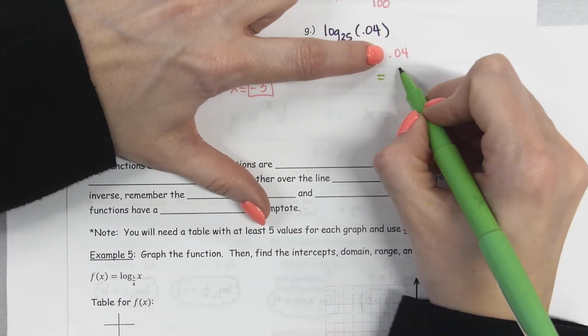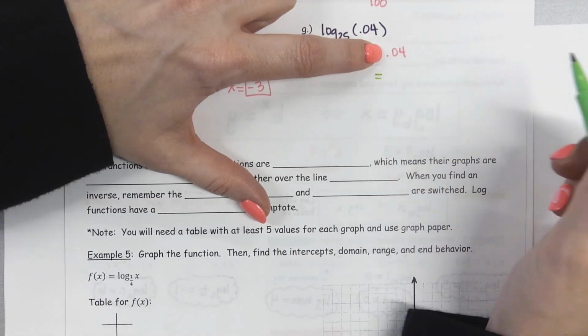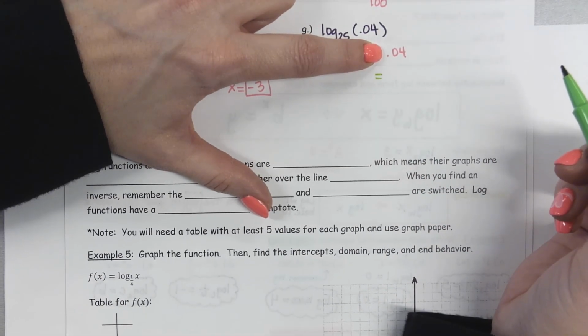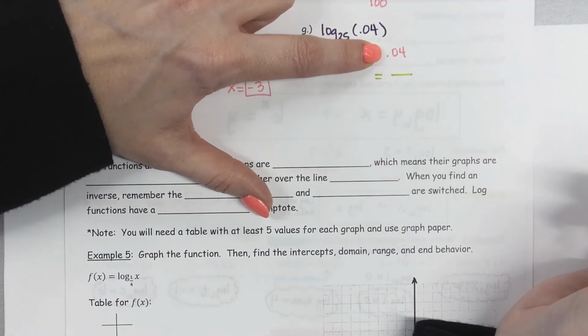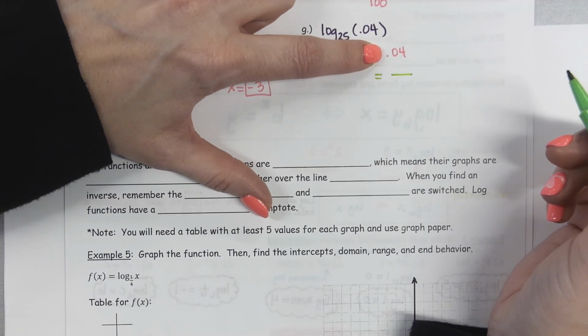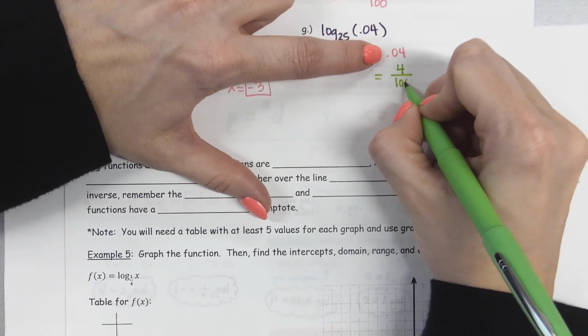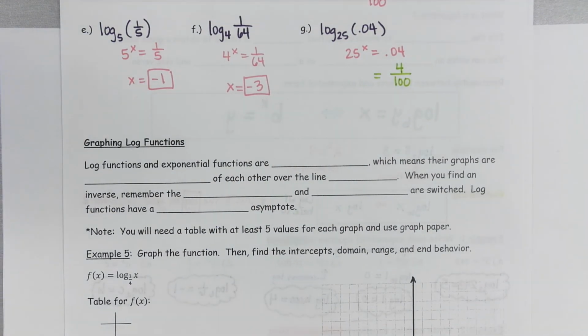Yeah, 1 over 25 is equivalent to, because how could you write this as a fraction? Yeah, well, how'd you get it? Like, did you guys start with the 4 over 100?